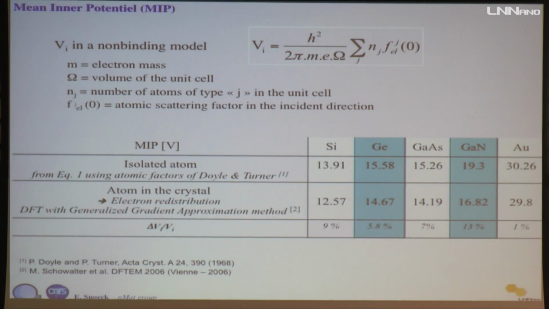And there have been some attempts to find experimentally by electron holography precise measurements of the mean inner potential in various materials. And they sometimes fit with these isolated atom models. Well, whatever.